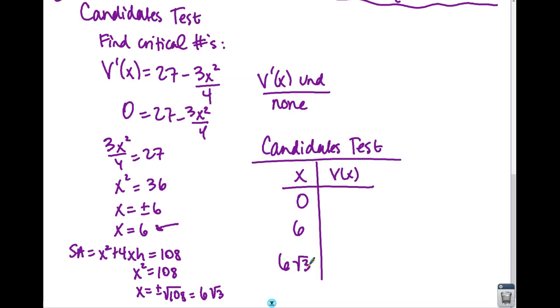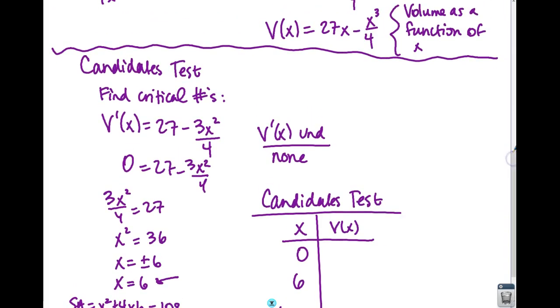So volume, remember, was equal to 27x minus x cubed over 4. If I plug in a 0, my volume would be 0. That's unfortunate, but it is what it is. When you plug in a 6, you end up with a volume of exactly 108.